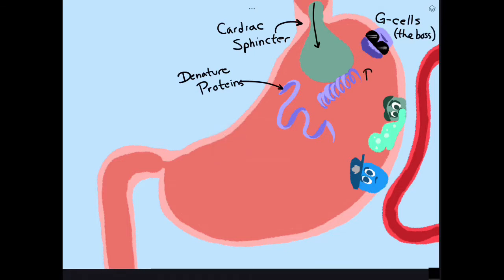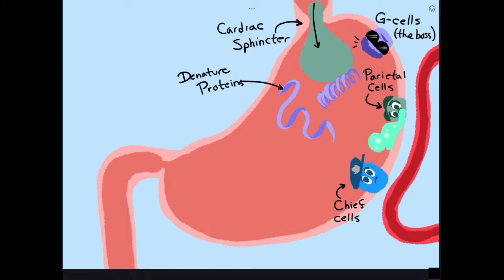And G cells are kind of the boss of the rest of the cells in the stomach. There's also parietal cells, which are responsible for maintaining the acidity of the stomach, and chief cells, which are responsible for actually secreting the enzyme that denatures proteins. But the G cells are going to be what tell those cells that there's food in the stomach and it's time to start digesting.